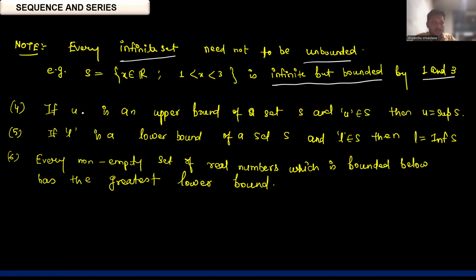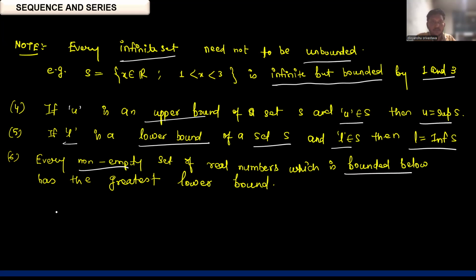Second, if U is an upper bound of a set S and U belongs to S, then U is the supremum of S. And if L is a lower bound of S and L belongs to S, then L is the infimum of S. Every non-empty set of real numbers which is bounded below has the greatest lower bound. Now move on to the next part.